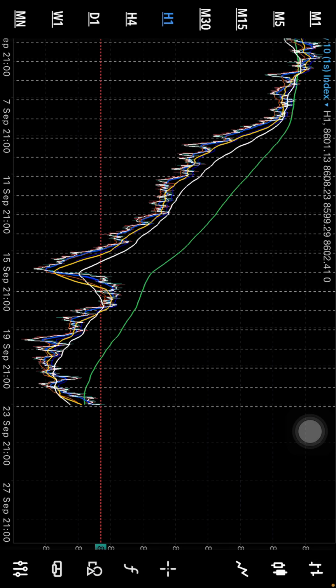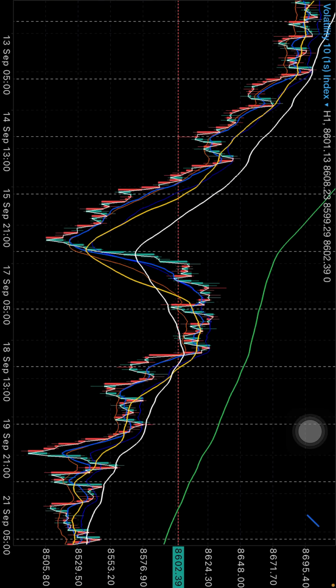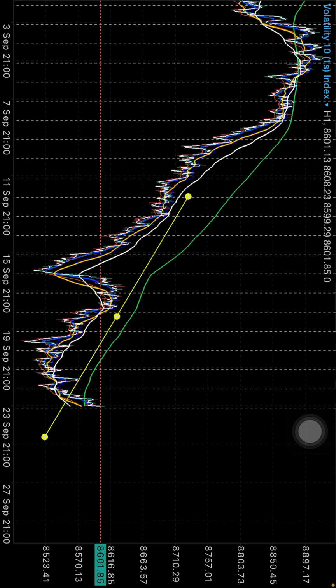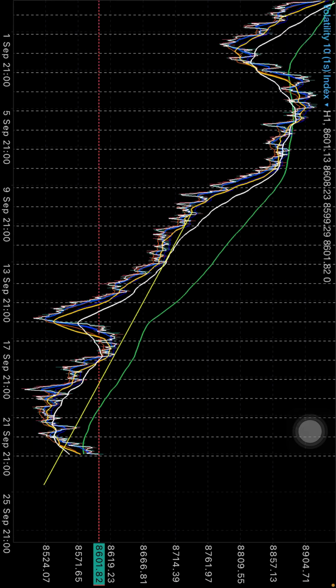And same procedure, if you're wondering how you draw your trend line, you want to draw your trend line. So if I could draw my trend line right here, let's see, okay, I would target 3 points.